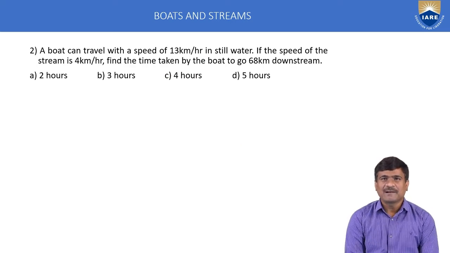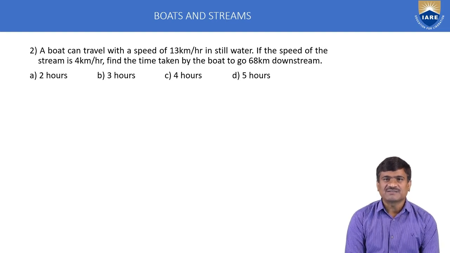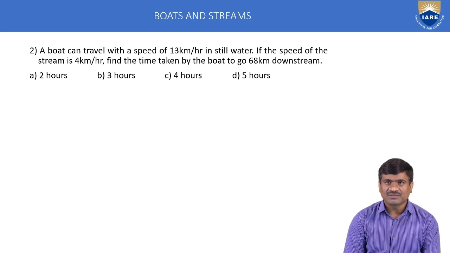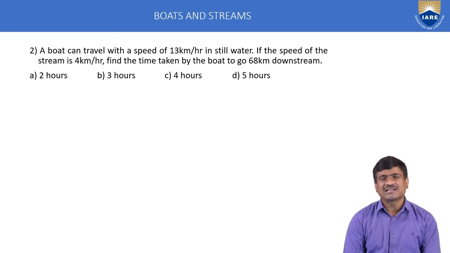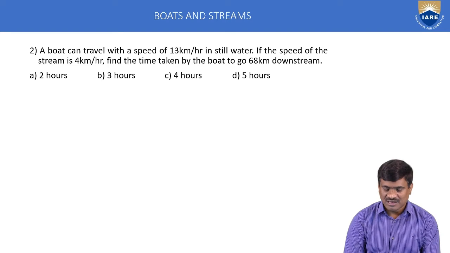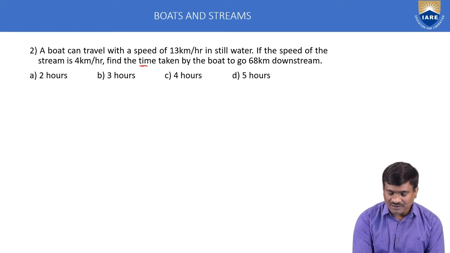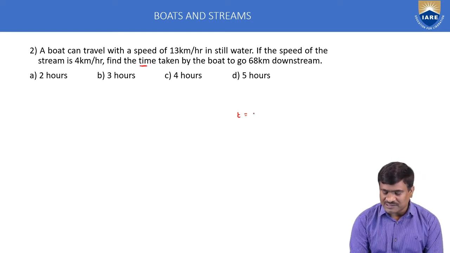Second example: a boat can travel with a speed of 13 km per hour in still water. If the speed of the stream is 4 km per hour, find the time for the boat to go 68 kilometers downstream. Here underline time. Time is equal to distance by speed.